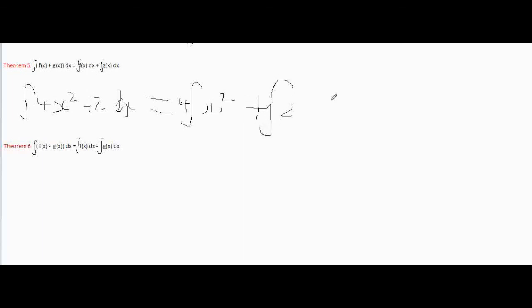Of course, you remember the dx. And when you finish both of them, you add plus c. And it's a similar thing for this with the difference. It's just instead of a sum, it's a difference.